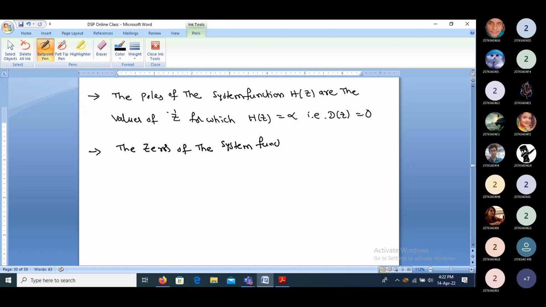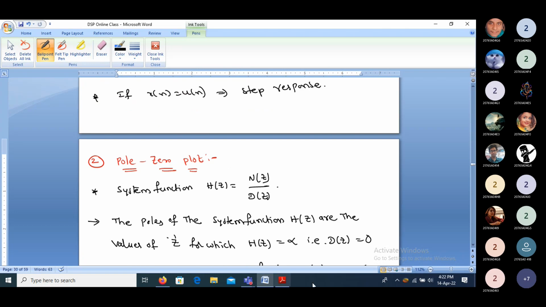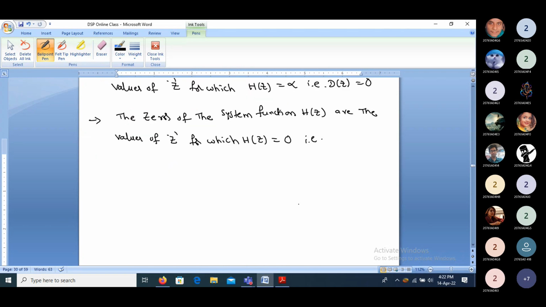The zeros of the system function h of z are the values of z for which h of z is equal to 0. When h of z is equal to 0, the numerator part is equal to 0, that is, the numerator n of z of the system function is equal to 0.